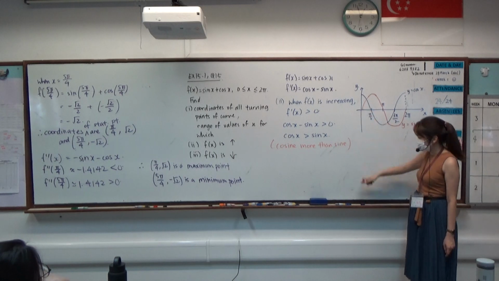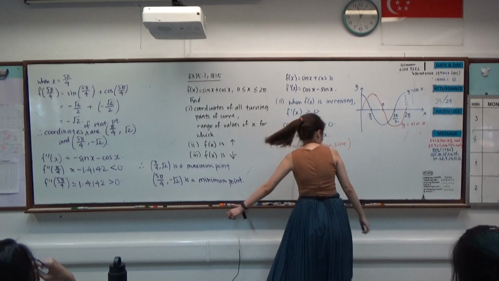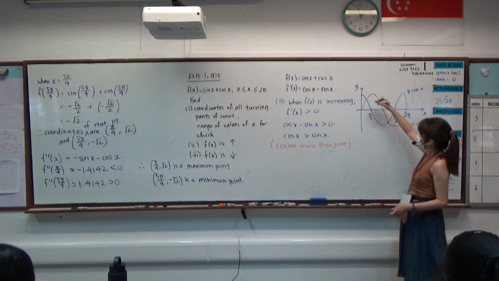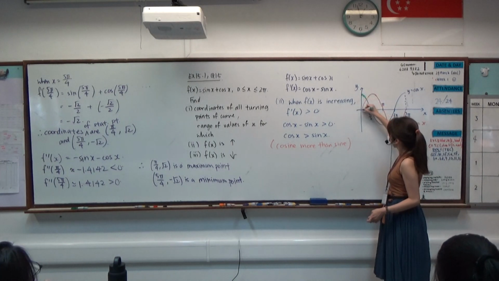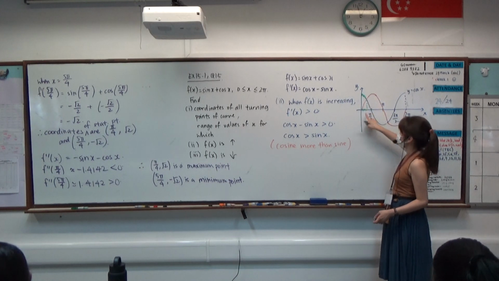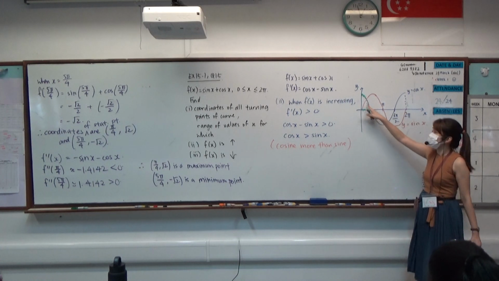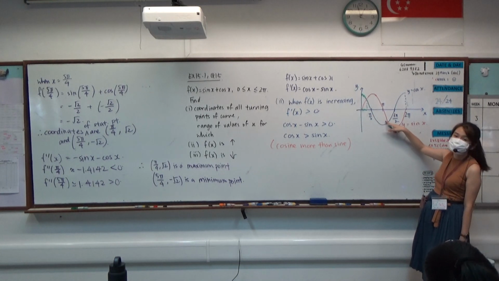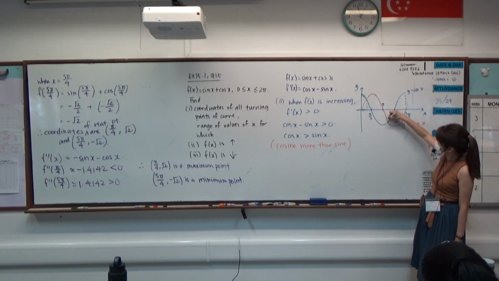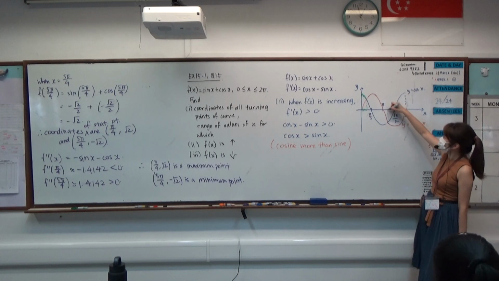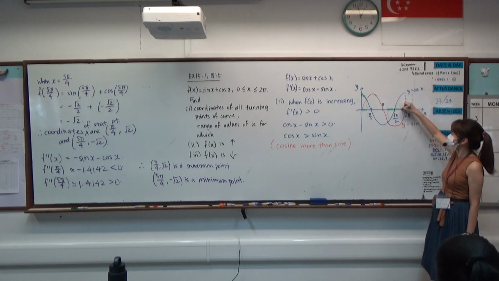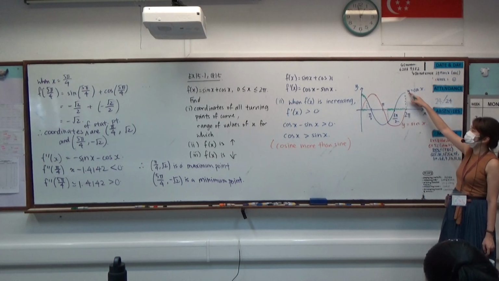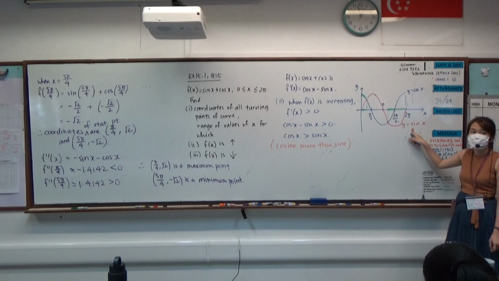And we see that it happens only in this segment. This is the range of values of x, then it continues to become below the sine graph, and then from this part onwards to 2 pi, our cosine graph is above the sine graph.